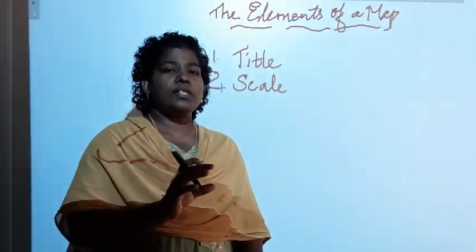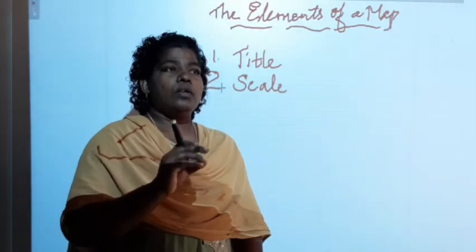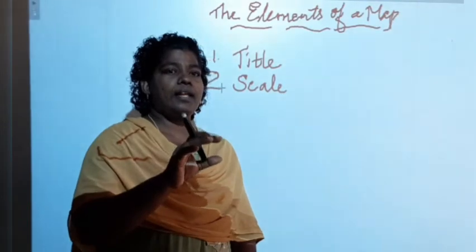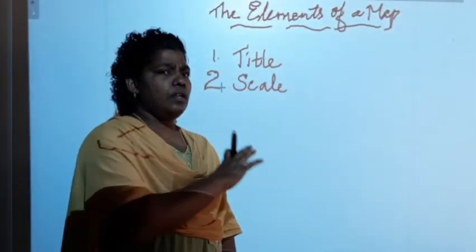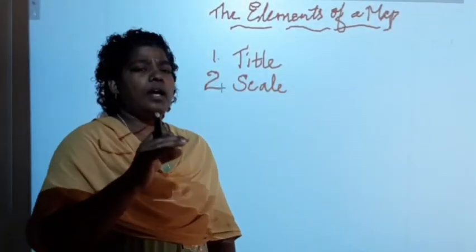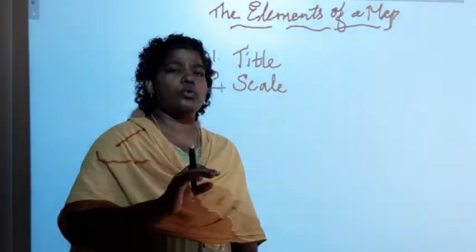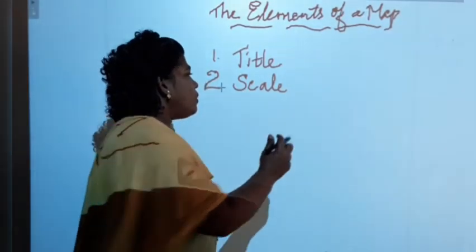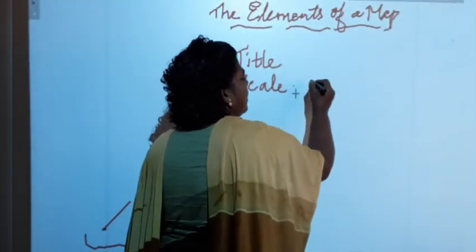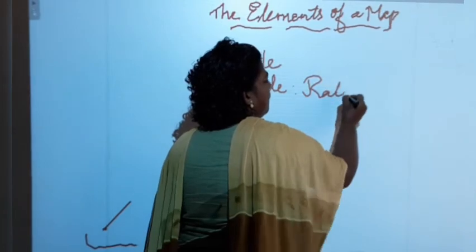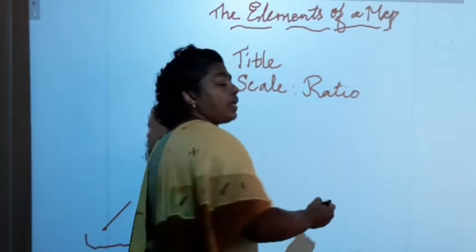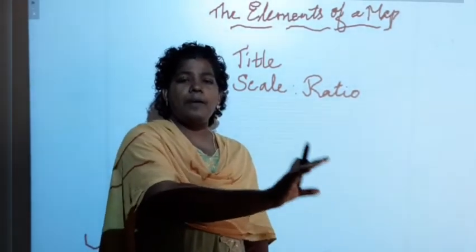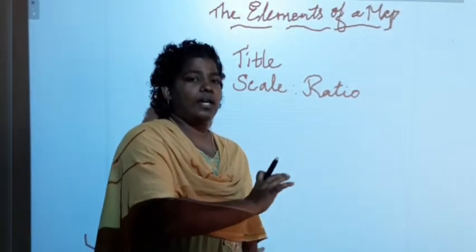A large scale map helps us to find out a small area, and the small scale map is used to show a large area. So the map scale is the ratio between 2 places on the map and the actual distance on the ground.